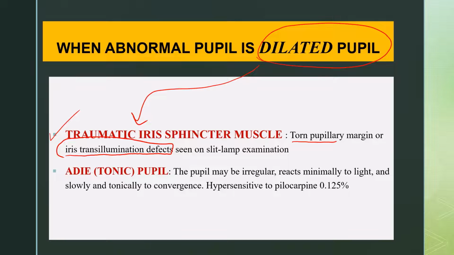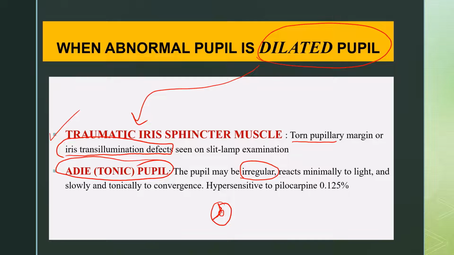Now, another condition in which the patient can get a dilated anisocoric pupil is the Adie tonic pupil. So what are some of the clues which will tell you about the Adie tonic pupil? The patient will have an irregular pupil. There is often a sector palsy in the tonic pupil, in which a part of the iris will have paralysis.